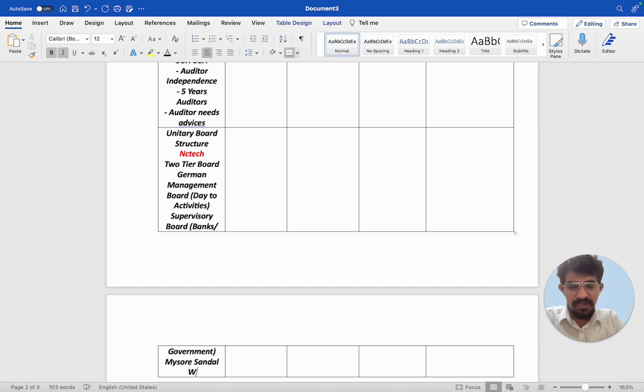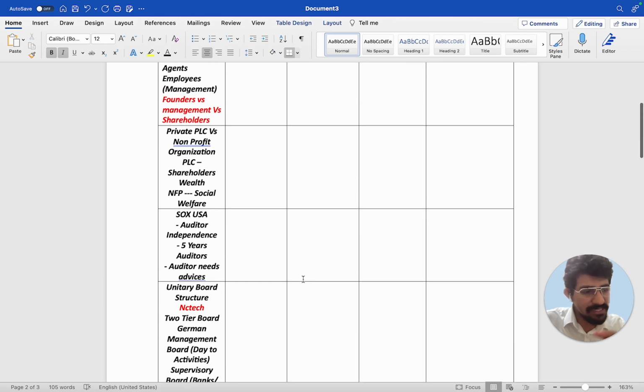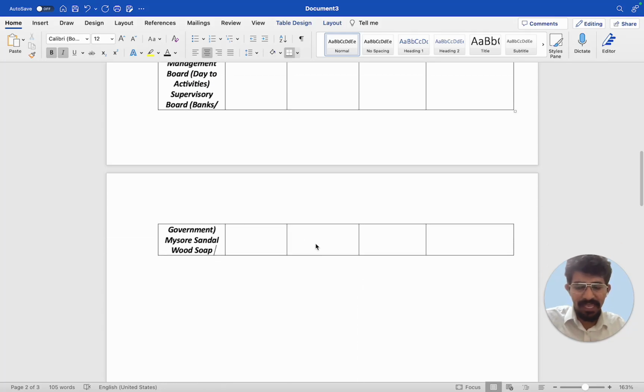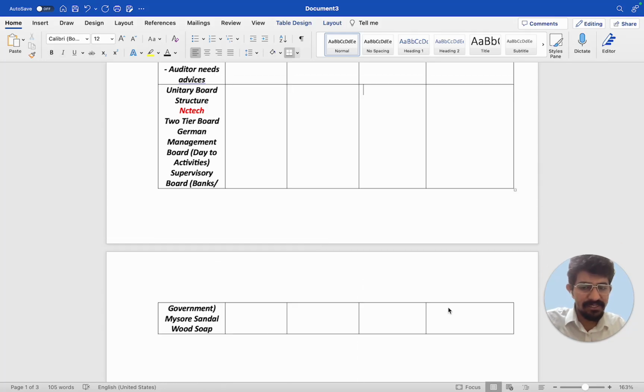Now, for Mysore Sandalwood Soap, because it belongs to Karnataka government, generally in that case, you can go with that application, two-tier boards, like the Tata and Titan. Now, Tamil Nadu government has invested in Tata, so it goes according to that. So, I believe students, it is very clear for you all. So these are just the theoretical aspect that you have to keep in mind, and they may not ask any direct questions from this. So don't worry with regards to that.